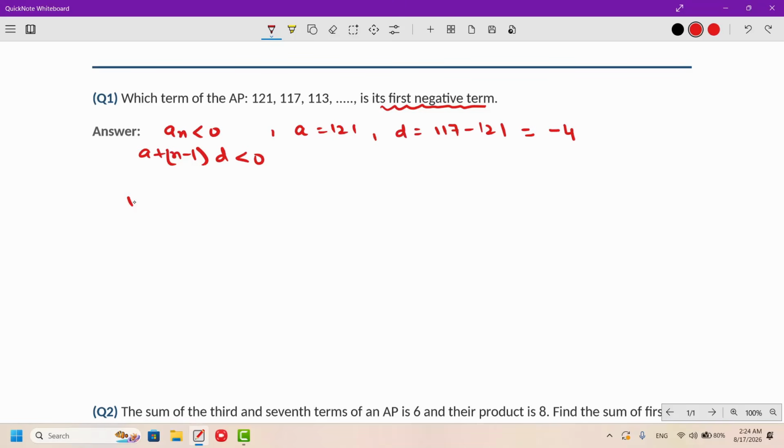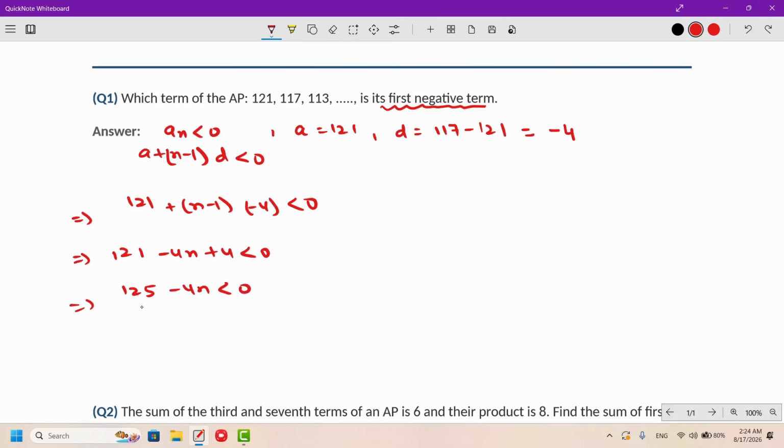So 121 plus (n minus 1) into negative 4 should be less than 0. So 121 minus 4n plus 4 should be less than 0. So 125 minus 4n should be less than 0.